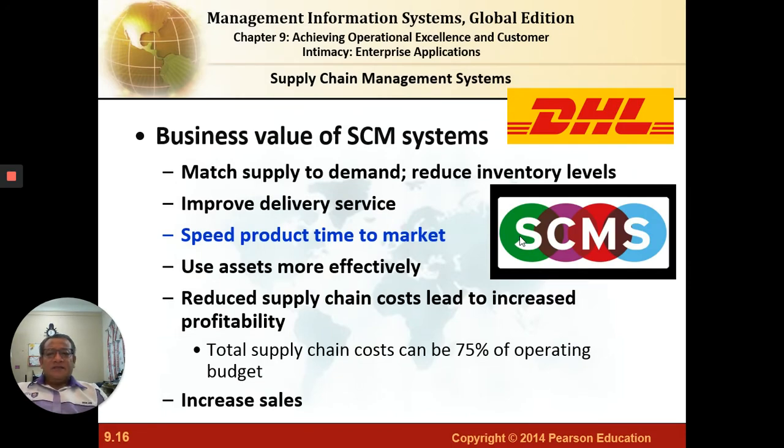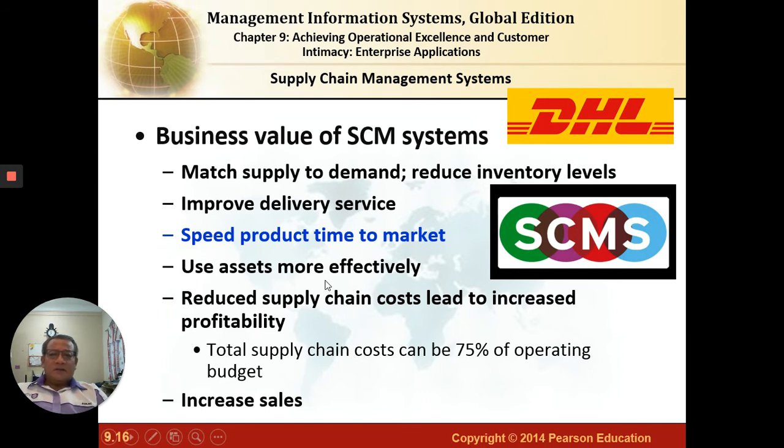The business value of supply chain management system is that it helps to match supply and demand at the best level. SCM also enables reduction of unnecessary inventory like stock buffer and so on. SCM enables shortening of the lead time to supply, or speed of product time to market.